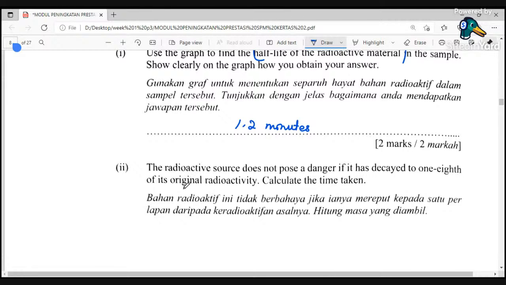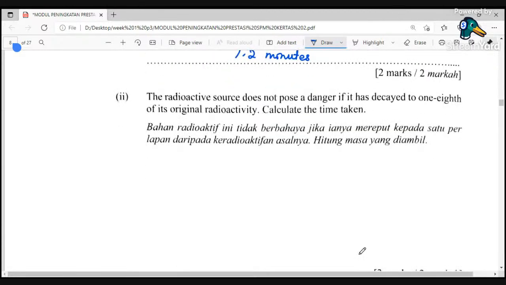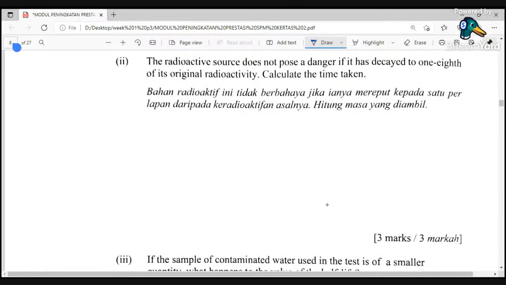Okay. The radioactive source does not pose a danger if it has decayed to 1/8 of its original. Calculate the time taken. Okay, 1/8 from the original, meaning 800, which equals 100 counts per minute. So it means the value has decayed to become 100 from 800.